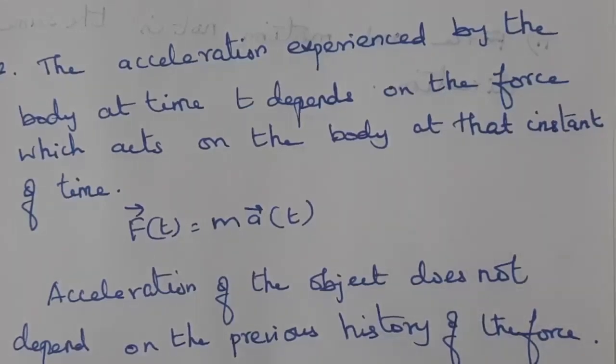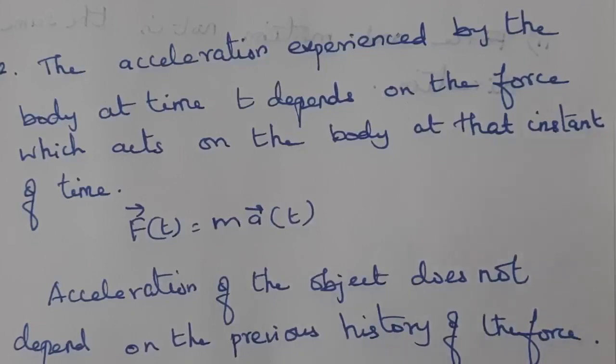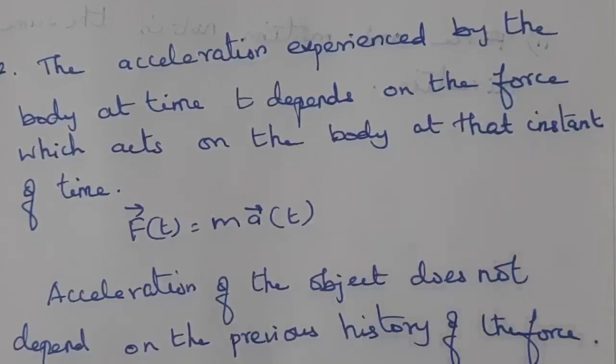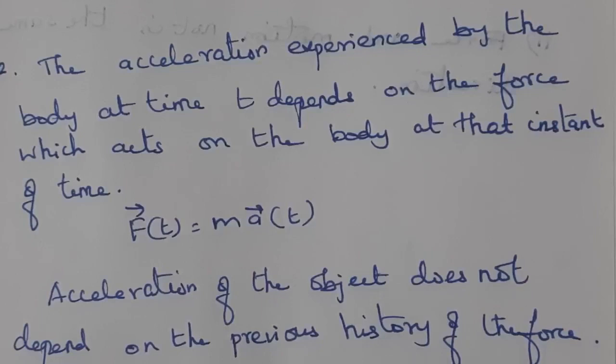So the acceleration of the ball is independent of how the ball was bowled. So the acceleration of the object does not depend on the previous history of the force. Understand?